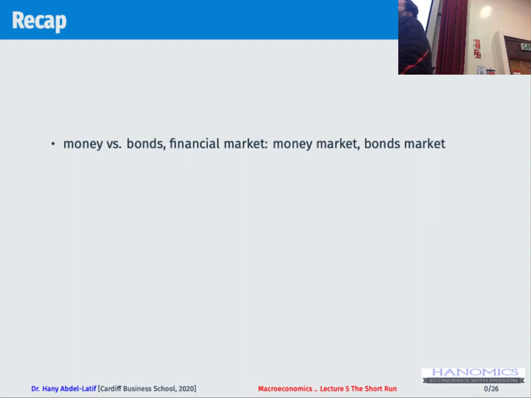Before we do so, we explained that usually in macroeconomics, we divide the financial market into two sub-markets: the money market and the bonds market. In the last lecture, we focused on equilibrium in the money market, and we said the equilibrium in the money market will imply equilibrium in the bonds market as well.